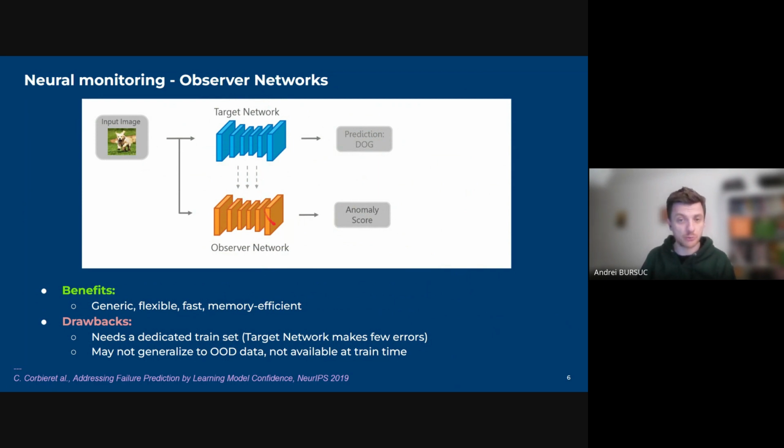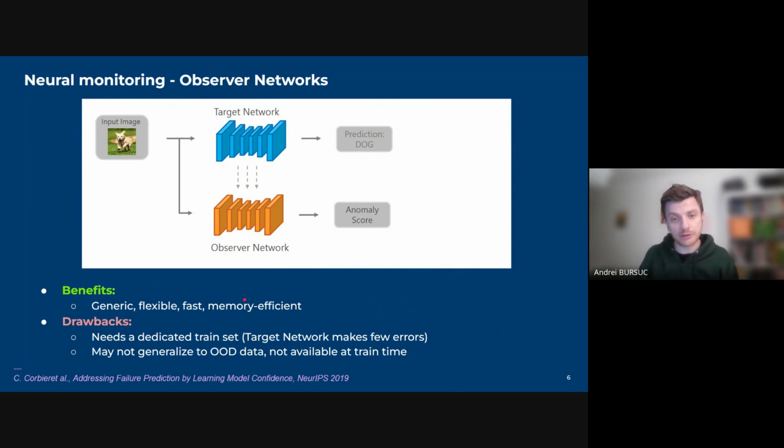Sometimes they can be just a few layers at the end of the network, or depending on the resources that they can have, they can replicate exactly the architecture of the target network. They're usually fast, as I said, because we can modulate the size and the architecture of this observer network based on the computational resources and constraints that we have, and they're usually memory efficient, more or less in the same spirit that I've described before.